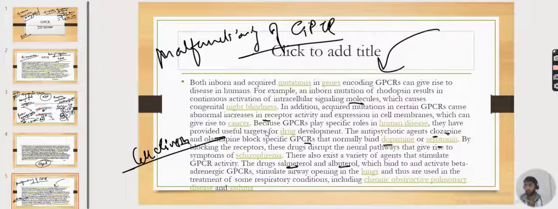It could be a hormone like epinephrine, a neurotransmitter like dopamine and serotonin, or a drug like clozapine, olanzapine, salmeterol or albuterol. The action of a few drugs like these is by blocking this GPCR, G protein coupled receptors. So that was all about G protein coupled receptors.